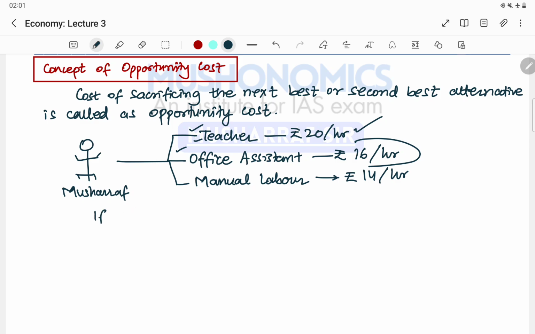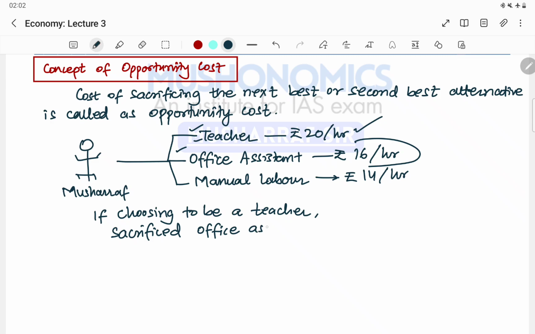So if he is choosing to be a teacher, then he has sacrificed what? He has sacrificed office assistant, that is 16 rupees per hour. Also, he has sacrificed manual labor, rupees 14 per hour.